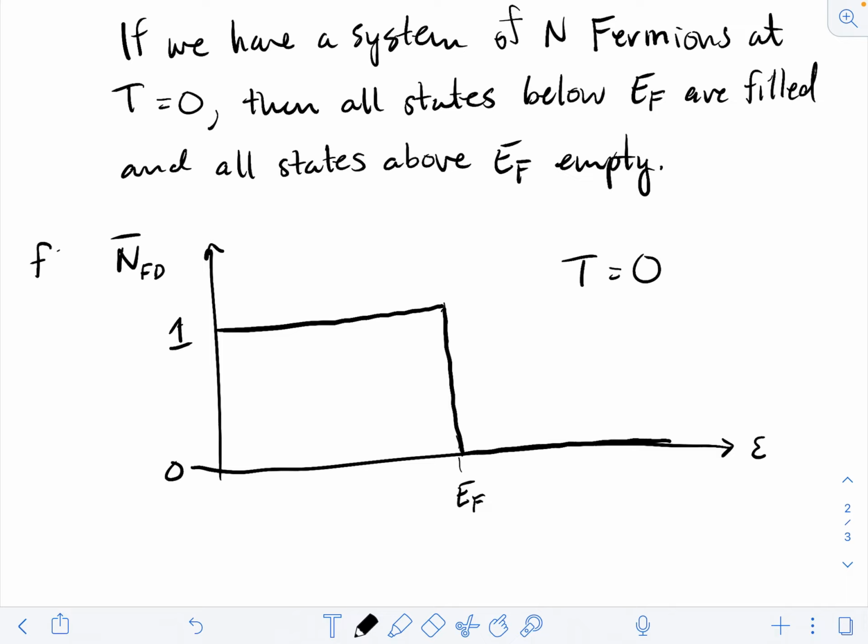We're going to use a different notation today, a little bit nicer to write. This f of epsilon is the distribution function, and we're going to talk about fermions today, so we're going to use the Fermi-Dirac distribution function. The other thing you might recognize is that last time, we indicated that this line was the chemical potential mu.